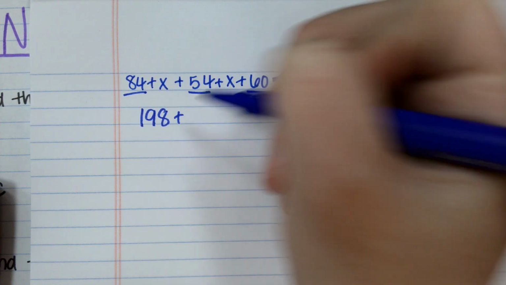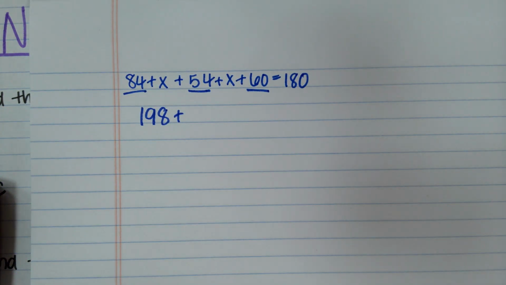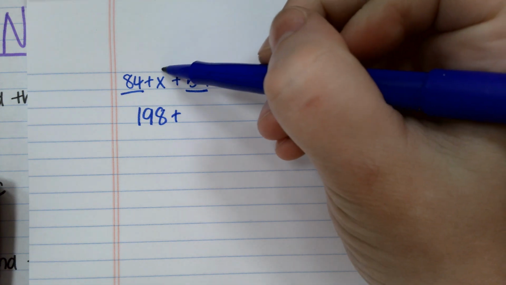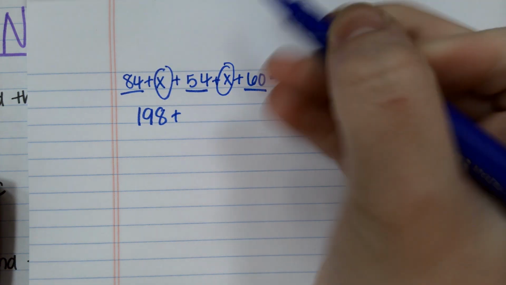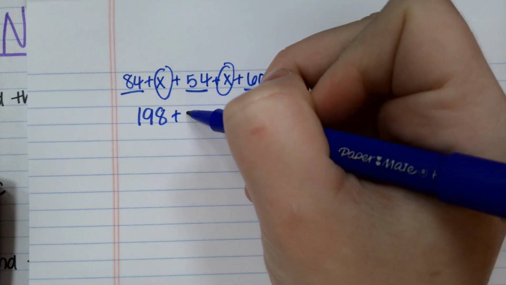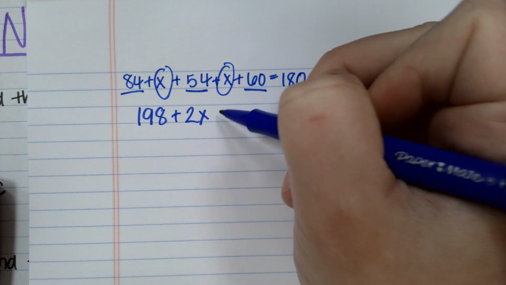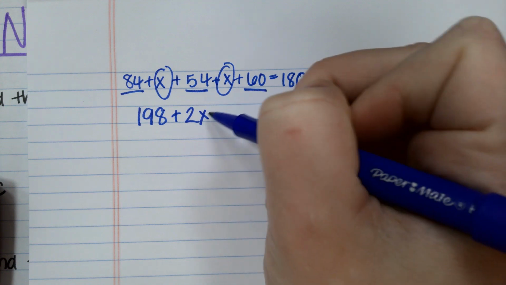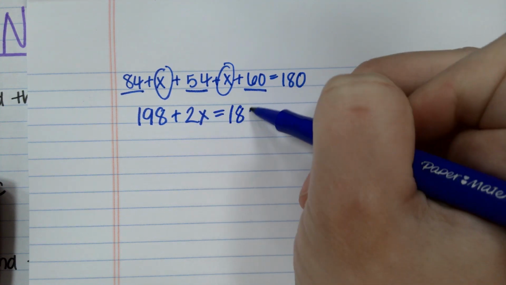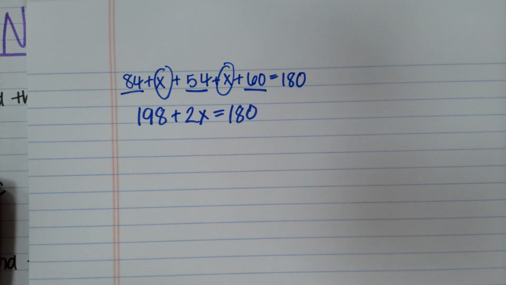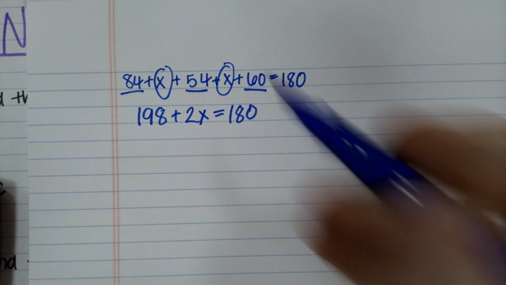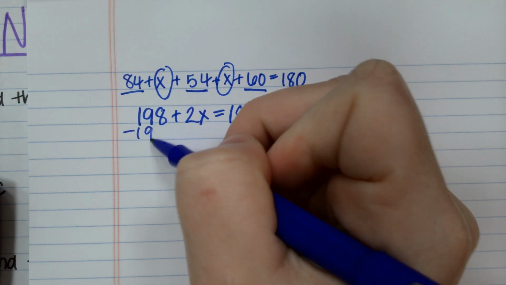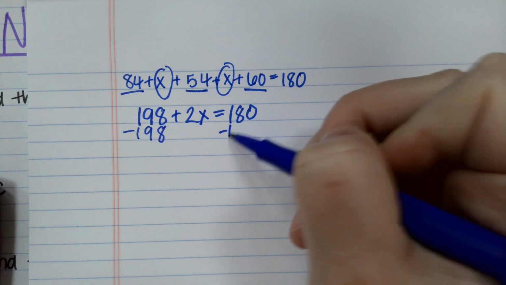198 plus what else? Combine the two X's. Perfect. Did you get 2x? Awesome. So 198 plus 2x equals 180. Then what did you do? I subtract 198. Perfect. Let's do that.